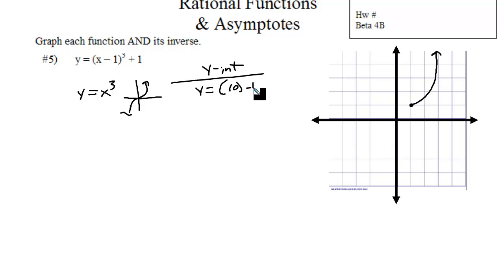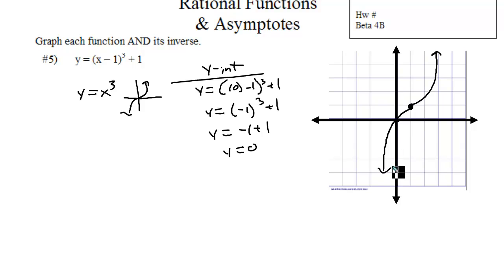Put 0 in for x. Negative 1 cubed is negative 1. Add 1 to that, you get 0. So the x and y-intercept here is 0. So this is y equals (x minus 1) cubed plus 1.